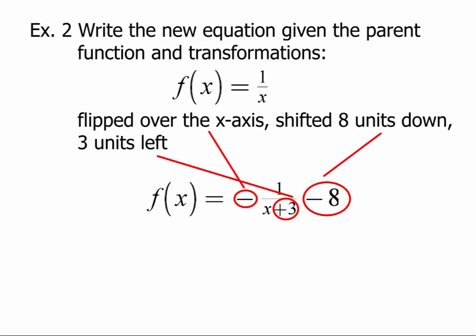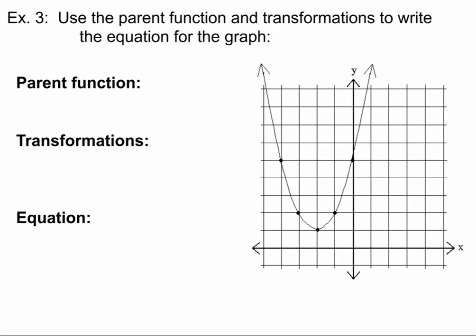All right. So now I want to do one more example. For this one, it says we want to use this parent function and transformations to write an equation for this graph. All right, so let's think about this. This has a parabola shape to it, so I know that the parent function is f of x equals x squared. So I'm going to use this.